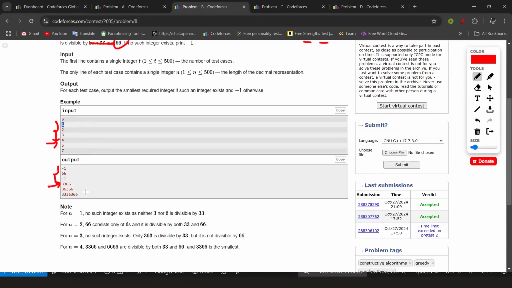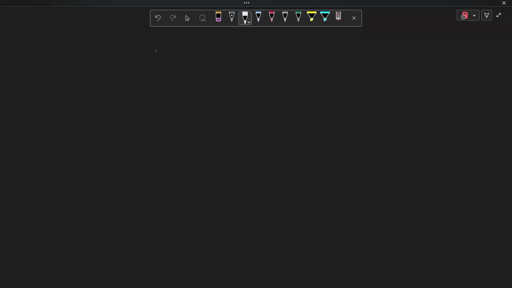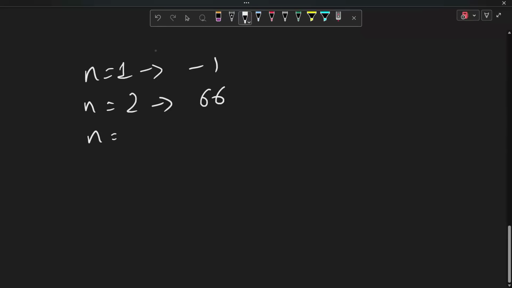Okay, so let's go here. For n equal to 1, our answer was -1. For n equal to 2, our answer was 66. For n equal to 3, our answer was -1.